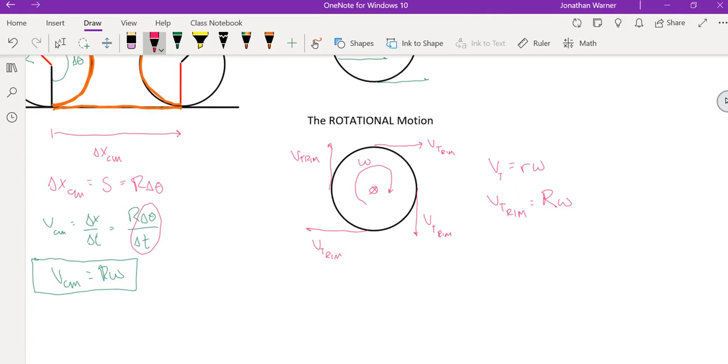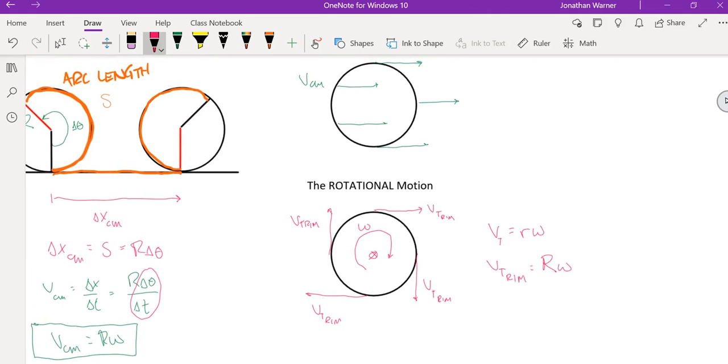So, well, look at this. We've got that the center of mass moves at speed r omega. We've got that everywhere on the rim moves at speed r omega. So watch this.